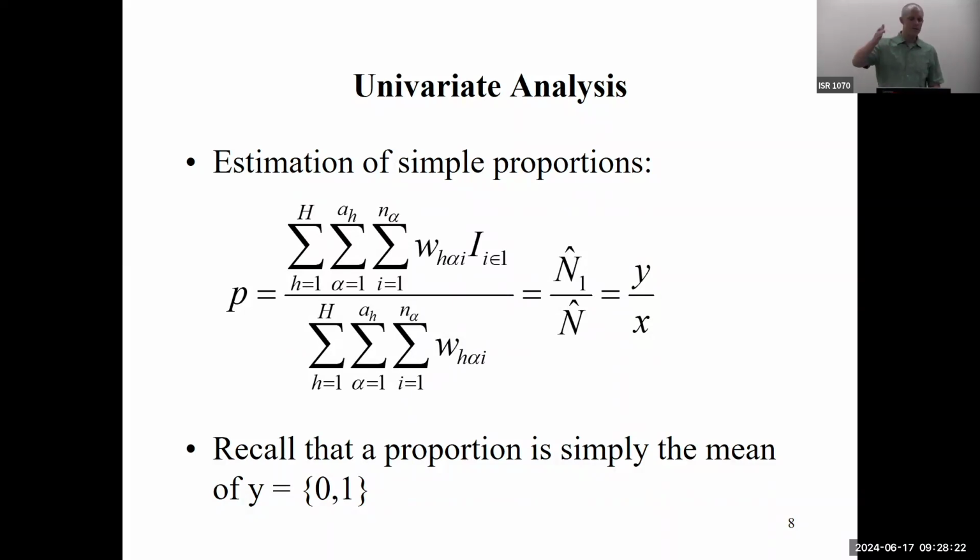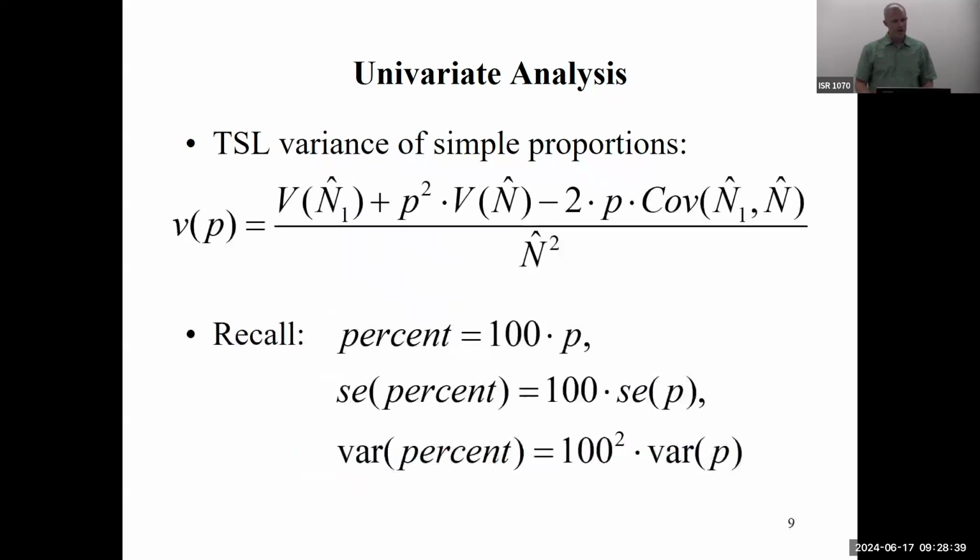And again, we can just express that as a ratio of 2 estimated totals, just like we talked about with the weighted mean. So there's nothing really new there. The proportion is simply the mean of a 1-0 variable that we've created in the data set. Given that it's a ratio of 2 estimated totals, we can use the exact same linearized approximation for the variance of that estimated proportion.